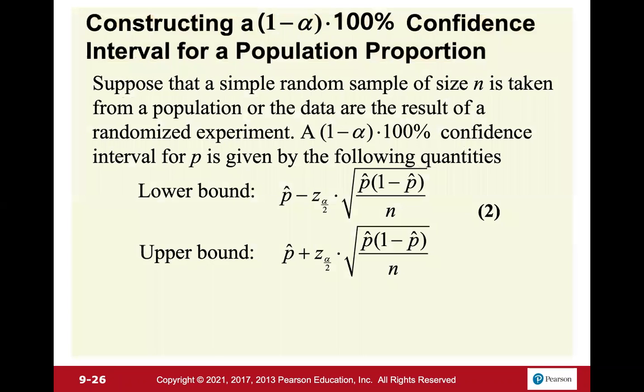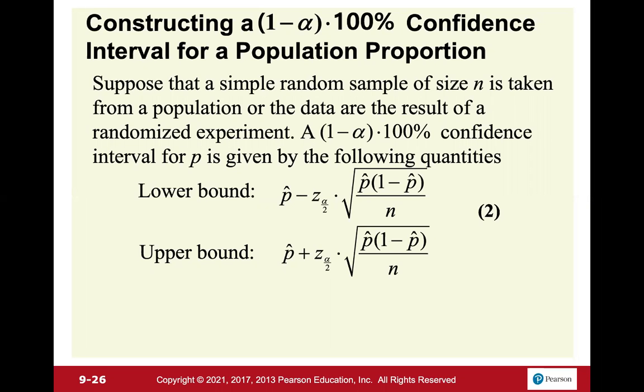And again, what we're doing is p hat minus our critical value, z sub alpha over 2, times our standard deviation for our lower bound. And our upper bound is going to be p hat plus z sub alpha over 2 times our standard deviation, which is the square root of p hat times 1 minus p hat divided by n.